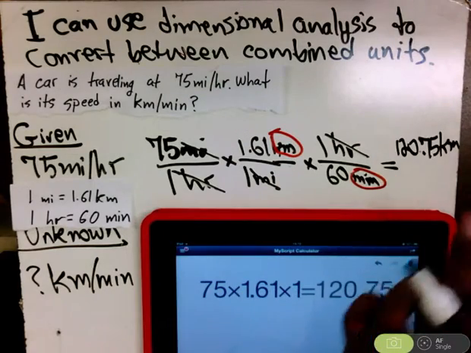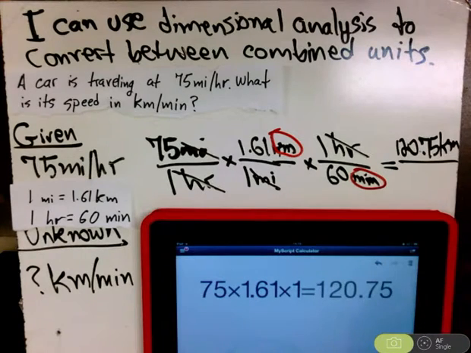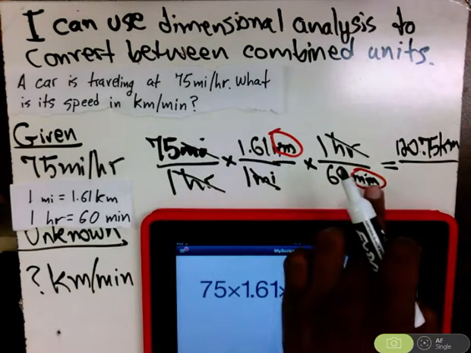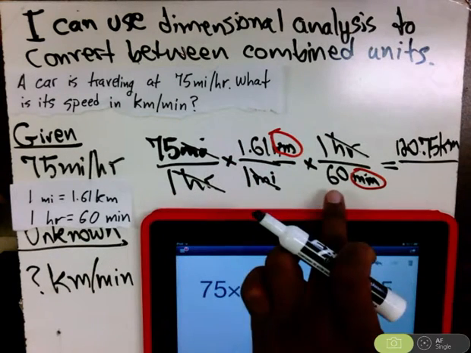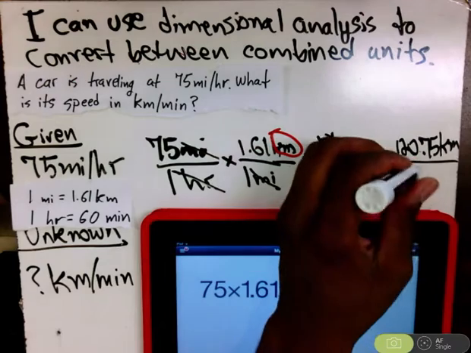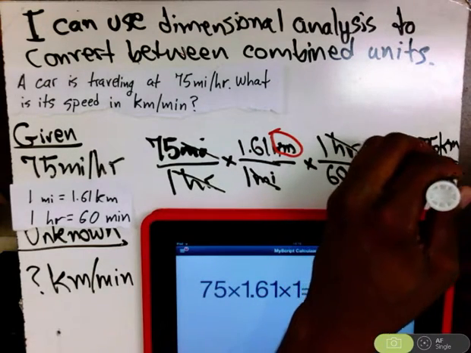And that is what's on my numerator. Next, I'm going to multiply across the bottom to get my denominator. 1 times 1 times 60 minutes is equal to 60 minutes.